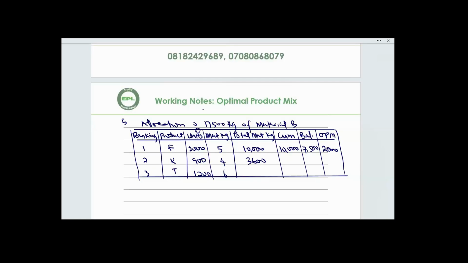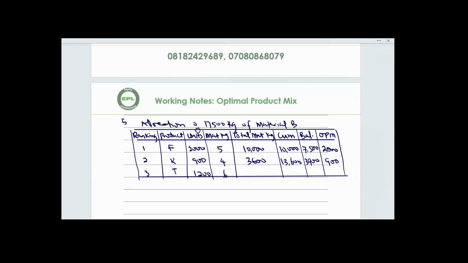So we allocate 3,600 plus 10,000 will give us 13,600. 13,600 minus 17,500 will give us, let me use calculator, 3,900 balance. Then how many units are we producing? We are producing 900 since there is no restriction.